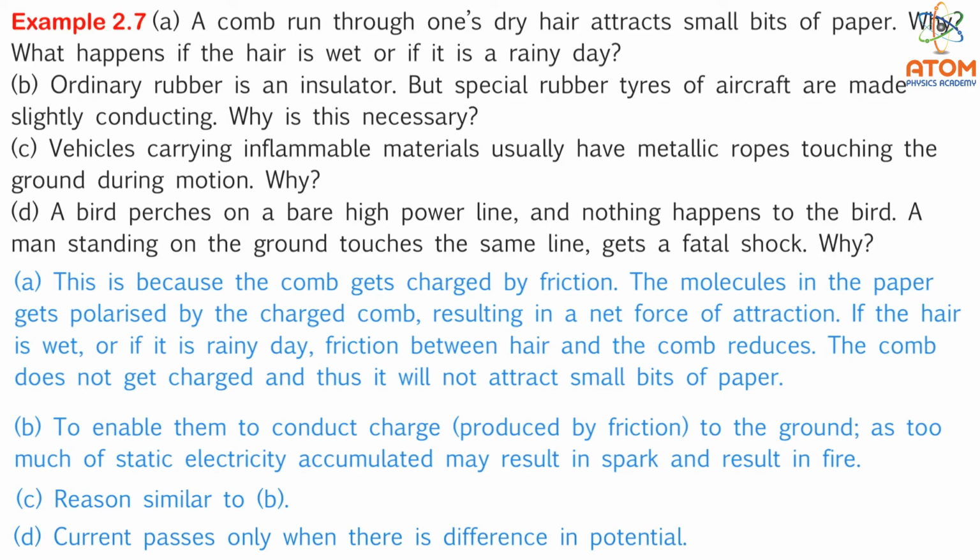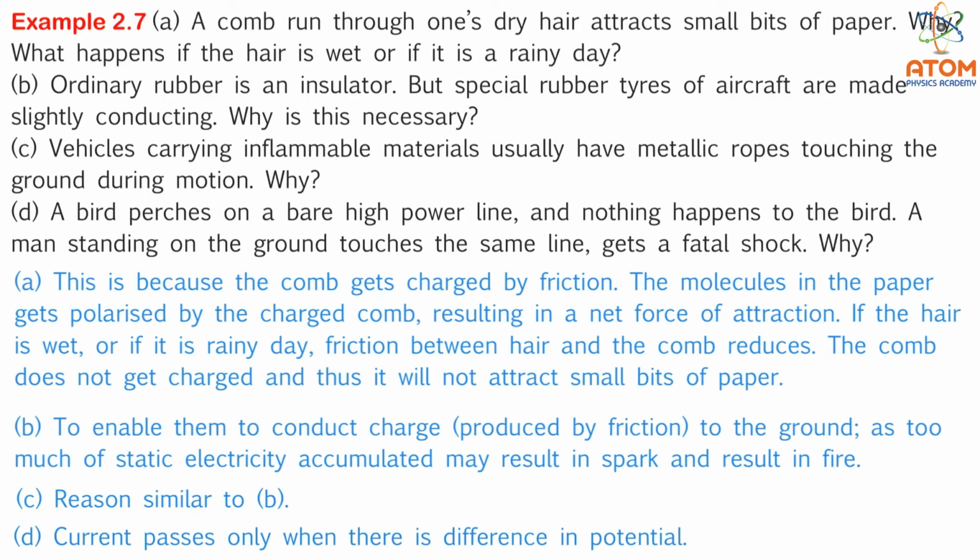And due to the potential difference between this vehicle and the ground, a spark can occur. And because there is inflammable material like LPG gas or petrol or diesel, this spark can create a very big fire. It can create a very big accident.